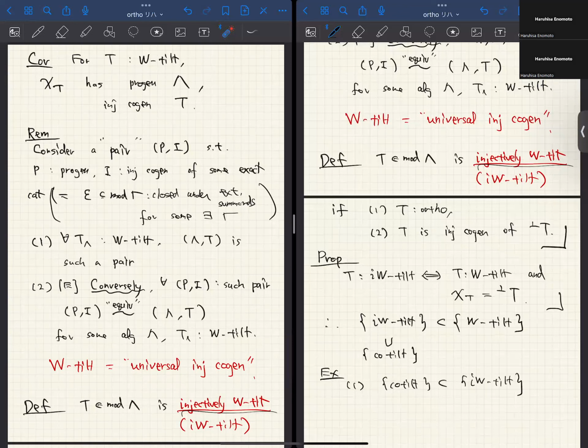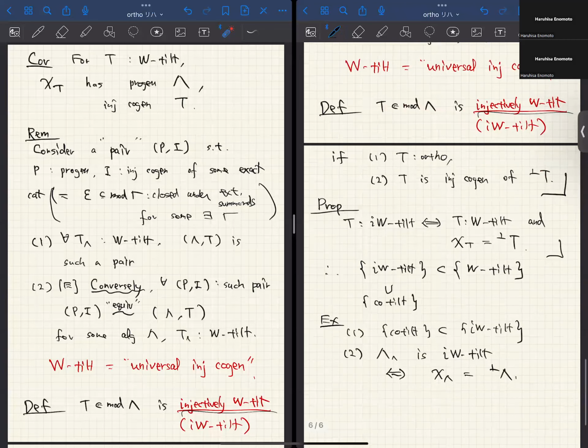And the second example is about lambda itself. This is Wakamatsu tilting, but it is injectively Wakamatsu tilting if and only if, by the above proposition, X lambda coincides with perp lambda. If you remember, this is the category of Gorenstein projective modules.